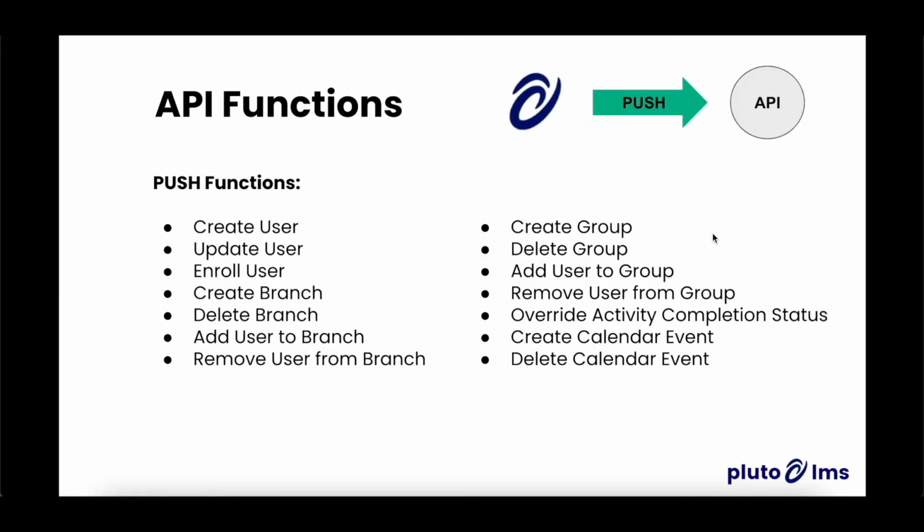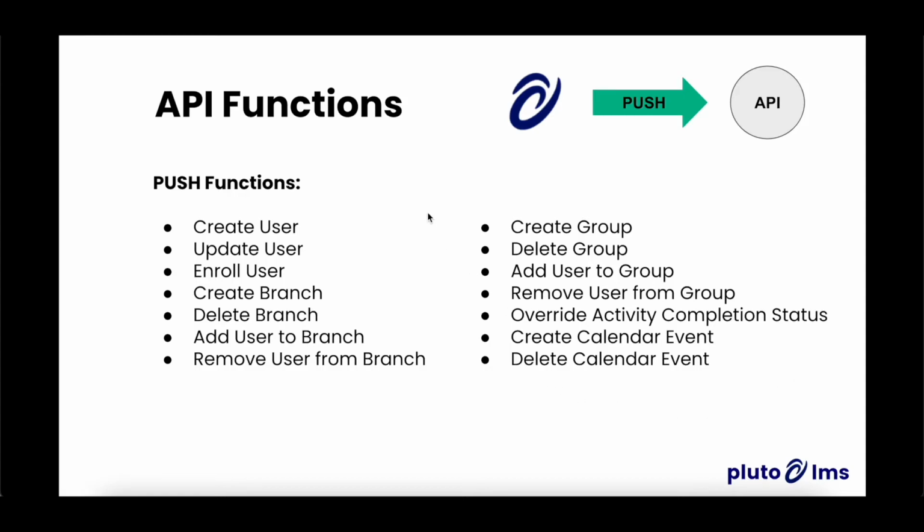So what are your push API functions? This is just at present. Today's the 25th of August, 2021. We are constantly adding API functions, and we'd love feedback from clients, and we'll also add as we go. But as of today, these are the push functions that we do have.